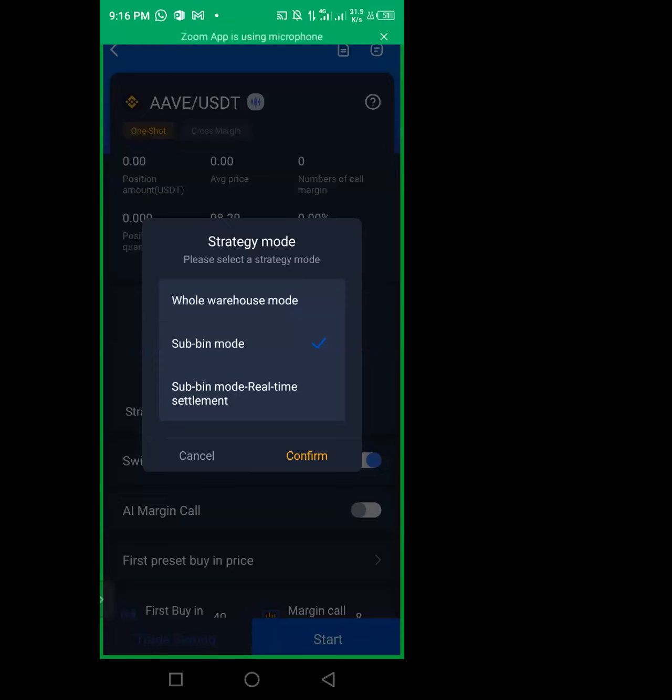Now if those he bought at 20 increase to 30, it will sell, but it will not give you any notification. You will not see that it has sold for you. It functions more like the whole warehouse mode, but it has already sold, though it will not give you the profit immediately. It will be keeping it for you.